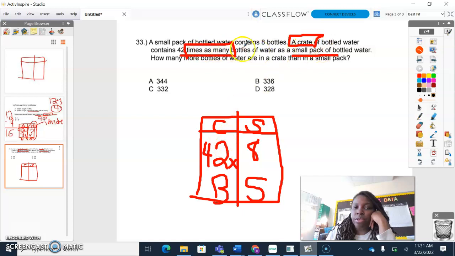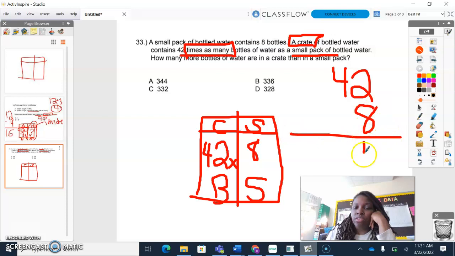How many more bottles of water are in a crate than in a small pack? We don't know how much the crate is, right? So we're looking for the big because we know how much the small pack is, 8. So we have to do what? Good. We have to multiply. So we're doing 42 times 8. And when I solve this problem, you'll get 336, right?